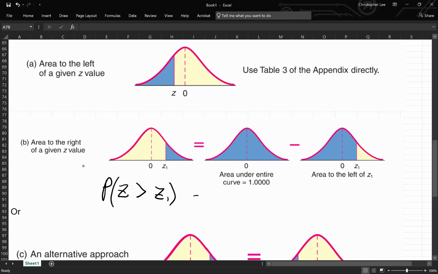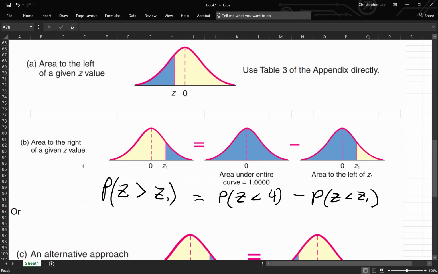So this would be like the probability of Z less than, I don't know, 4, make it up, minus the probability of Z less than Z1.